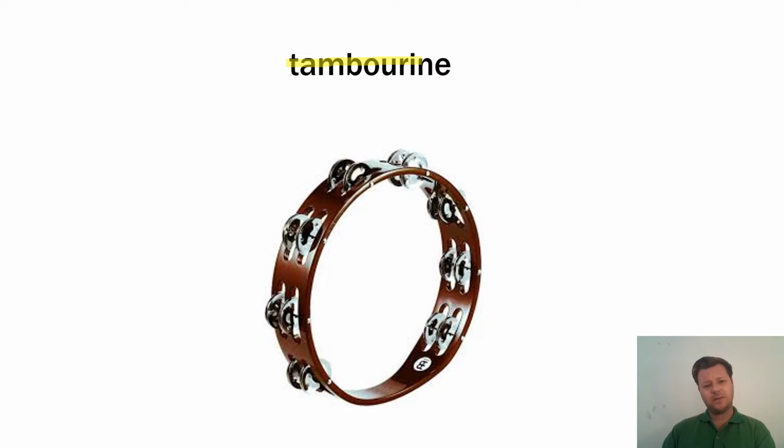Do you want to try and read this word, P1? I'm going to help you. Tambourine. Tambourine. Let's have a look at what is a tambourine. Yes, it's an instrument. So can you remember shake and strike? In order for us to play a tambourine, how do you think we are going to do that? What action, what verb are we going to use? Shake or strike?